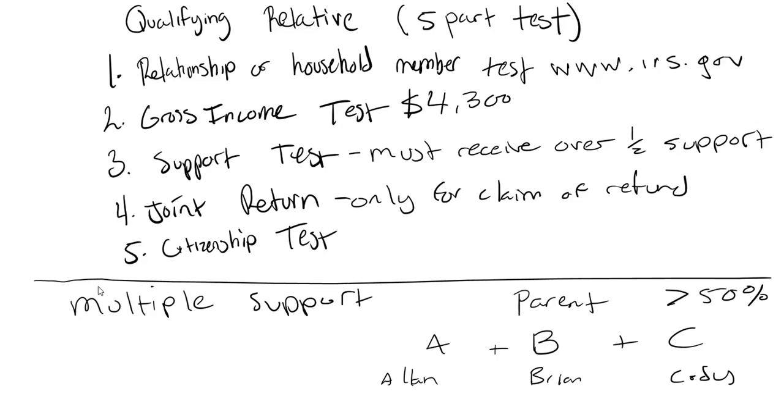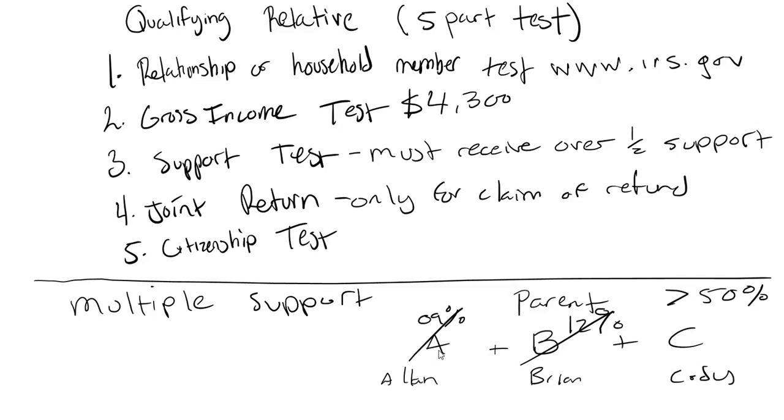Now, in order for a person to be considered eligible to take the dependency claim from this parent, they must provide at least 10% of the support. So if Alan only provides 9%, he's out. If Brian provides 12%, he's good to go.